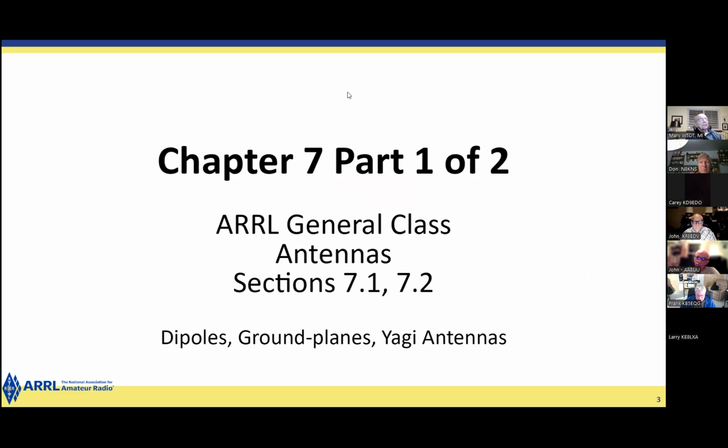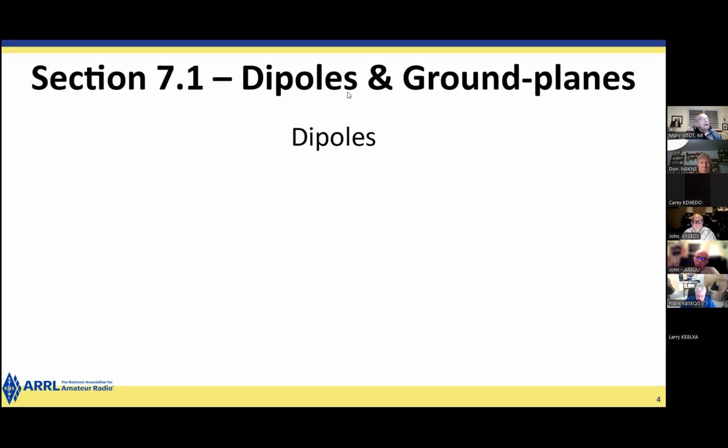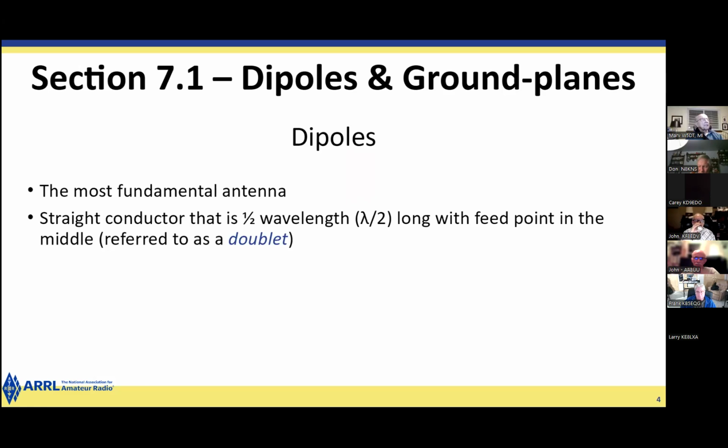We're going to talk about antennas, starting with dipoles, because dipoles are the basic antenna of amateur radio. Most fundamental antenna. It's a straight conductor that is a half wavelength long with a feed point in the middle, and it's often referred to as a doublet.